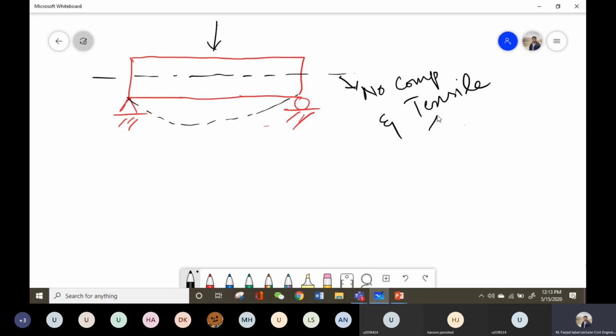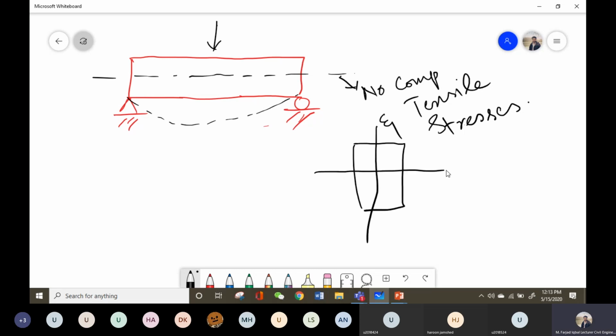For the case of a symmetrical section or the rectangular section, this surface is located at the center of the section, for example, this surface. This surface which does not undergo any type of stress, be it tensile or compressive, is known as the neutral surface, right?